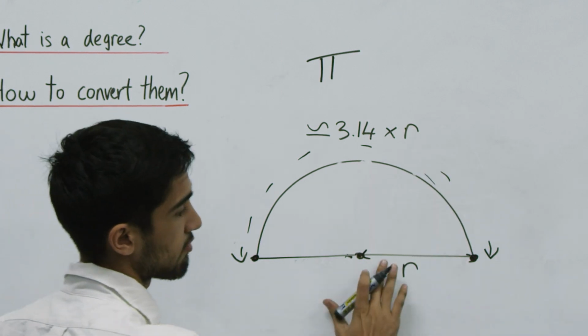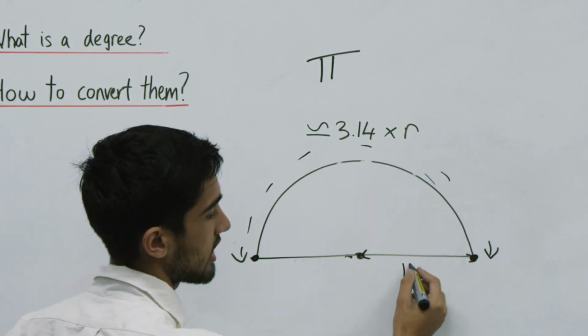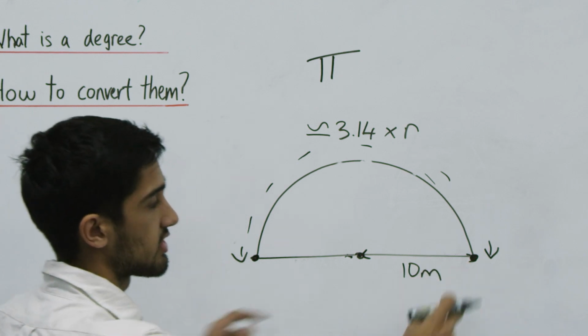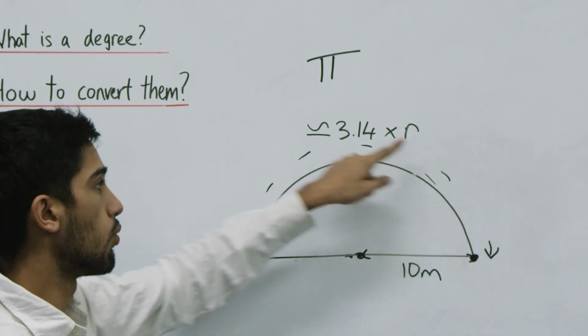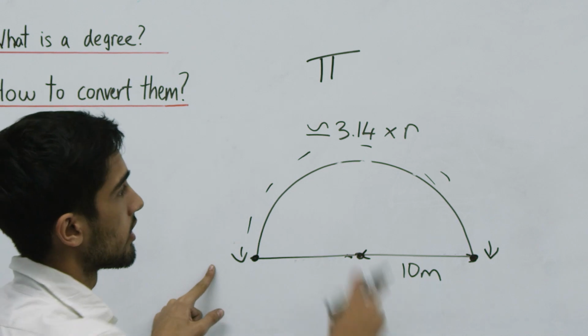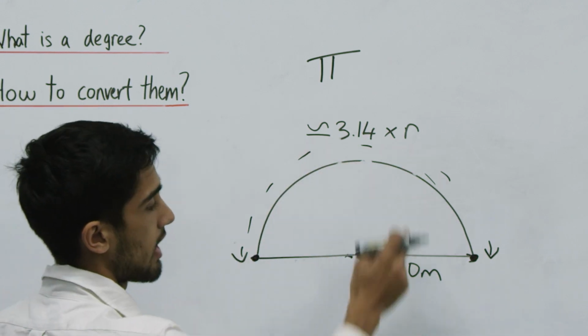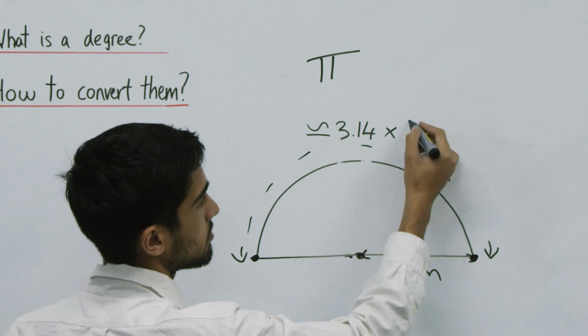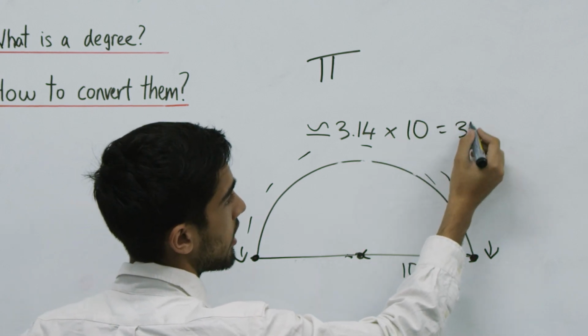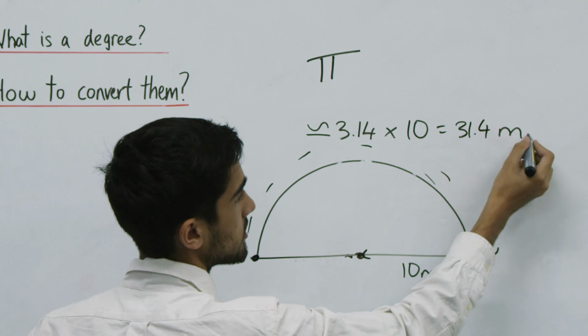So if my radius here was 10 meters, then if I started at one side of the circle and walked to the other side, the distance I would travel would be approximately 3.14 times that radius, so times 10, which would be 31.4 meters.